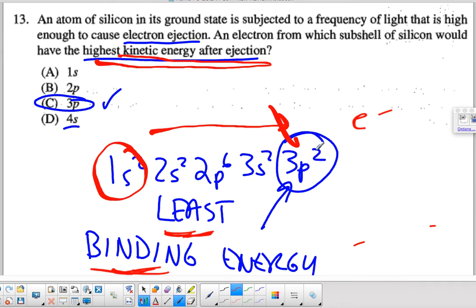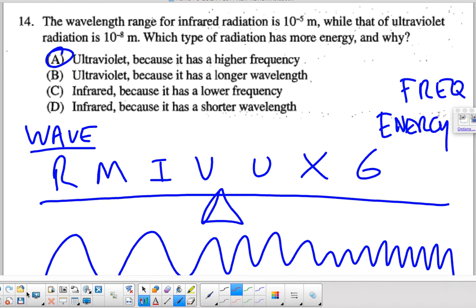Since this is more loosely held, when you hit it with a beam of light, this electron is going to break off at a greater rate because it requires less energy to bump it out, whereas this electron, which is very, very close to the nucleus, has a much greater binding energy. You saw the amount of binding energy on that chart we looked at earlier. It will have a lot lower kinetic energy because most of the force went to knocking it out.